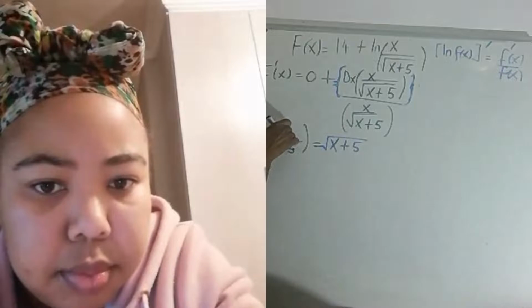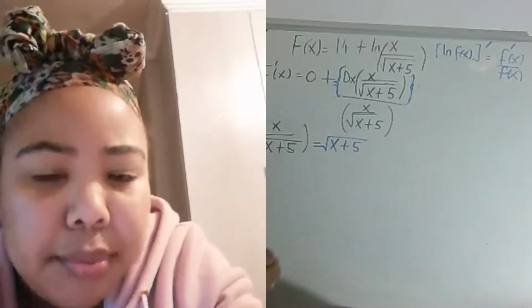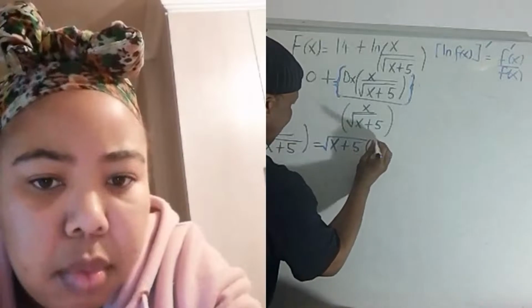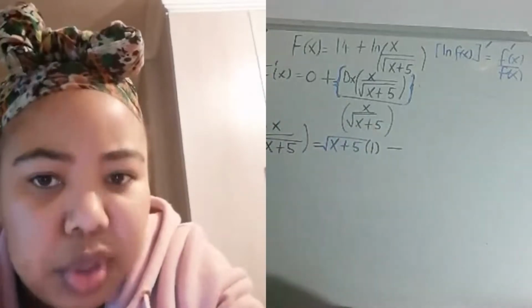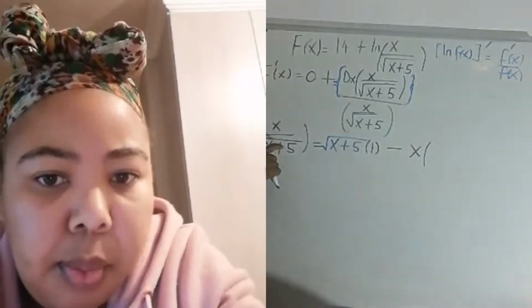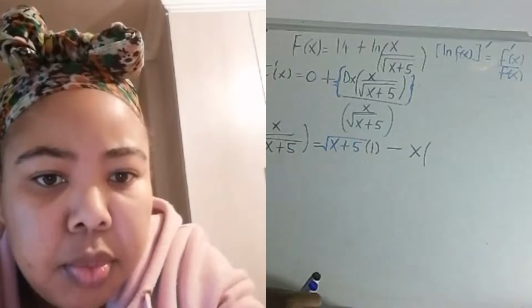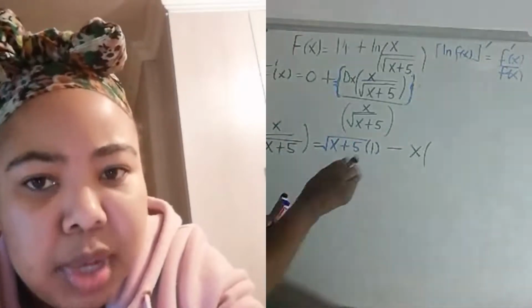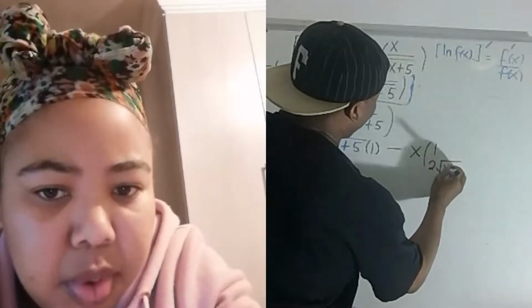If I differentiate x, what do I get? 1. We minus, and then we switch: the numerator stays constant. When we differentiate the square root of x plus 5, what do we get? We get 1 over 2 square root of x plus 5.